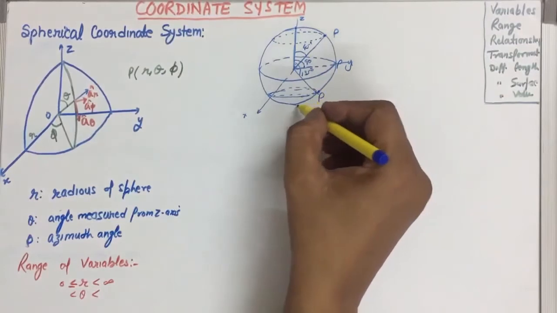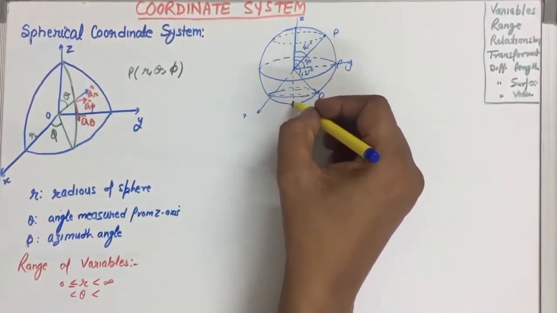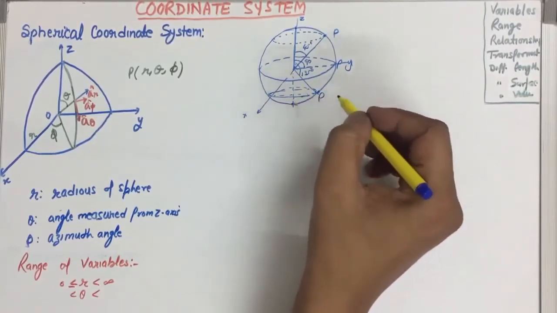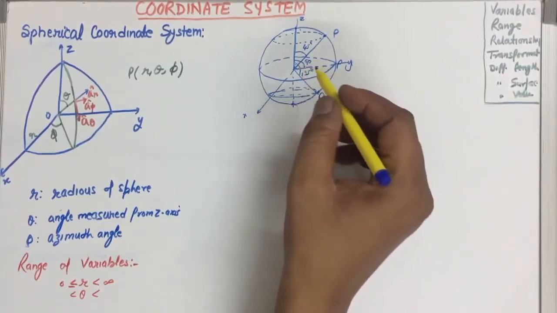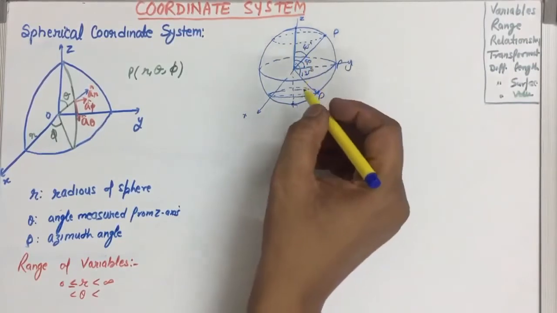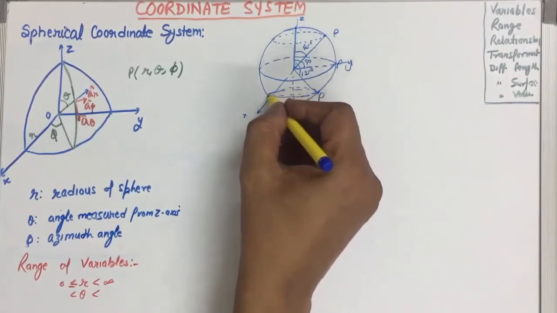What will happen? Come here, and to cover the full sphere, you have to move like that. The angle will be 0 or pi. Theta will be pi. Now, the key point is here. Bring your P here.